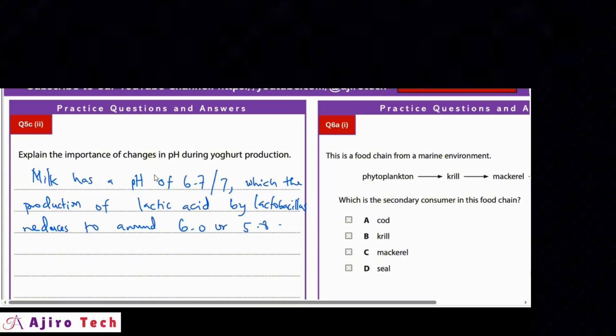As a result of this pH drop, other bacteria stop growing. That is the importance. The question says explain the importance.